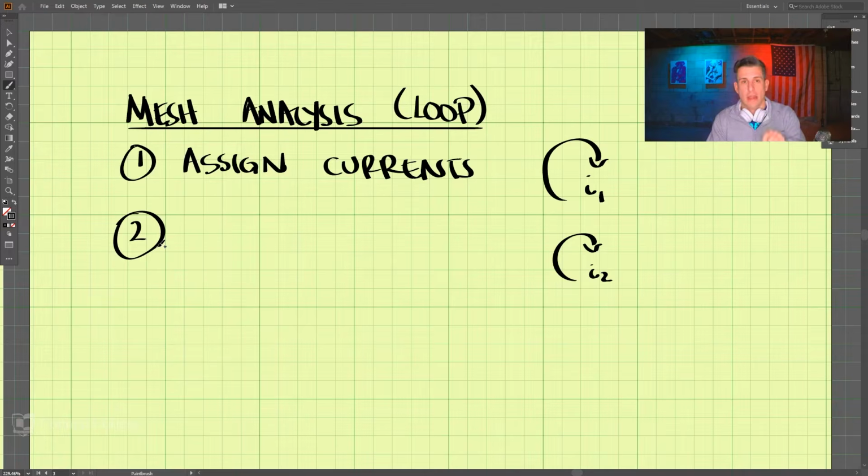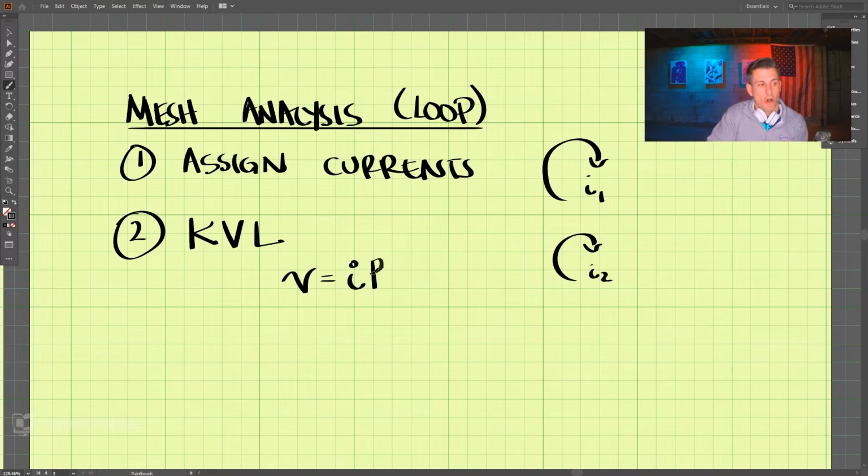In mesh analysis, we will use KVL, Kirchoff's voltage law. In addition, we'll combine that with Ohm's law. So remember that the voltage is equal to I times R. So we will be combining KVL with Ohm's law. And then from there, we solve equations.